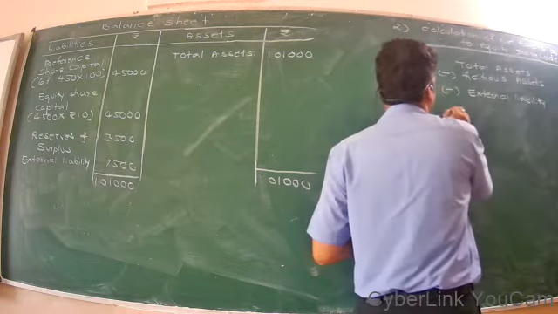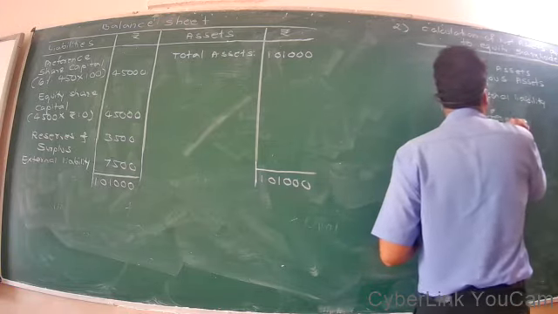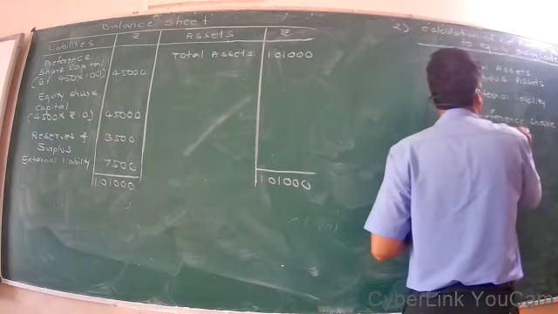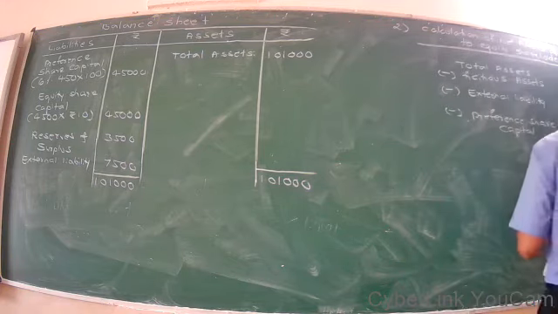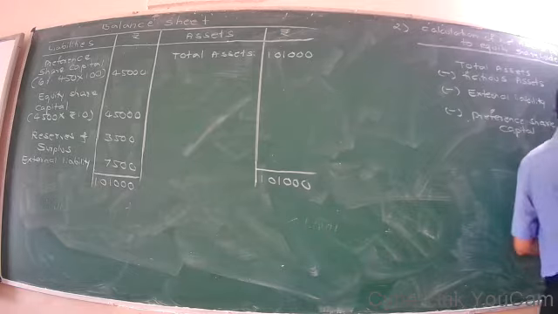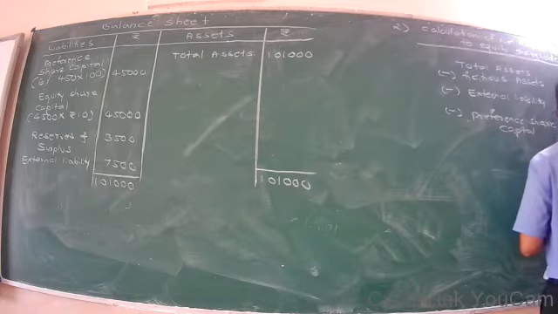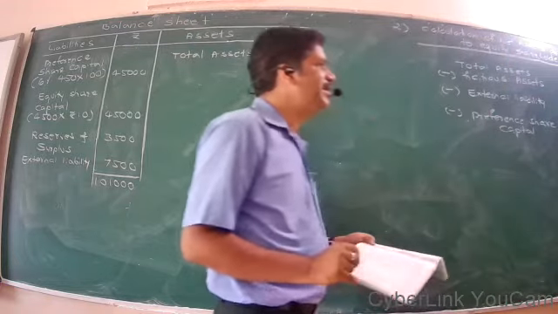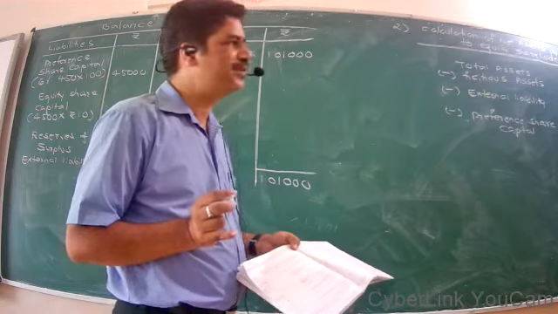From this, if you deduct preference share capital, 45,000, the remaining asset is available to equity shareholders. So 48,150 is the net assets available to equity shareholders.